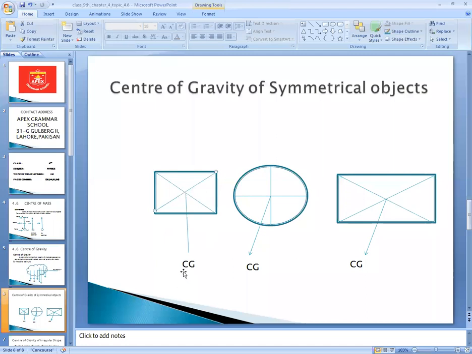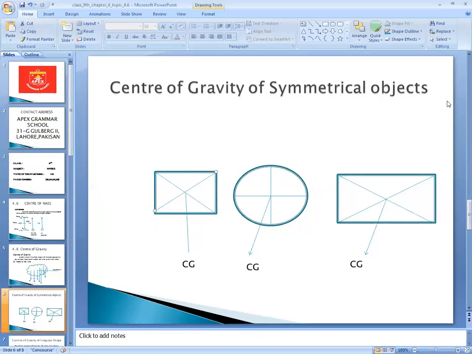Center of gravity is simply CG, or in your textbook it is simply denoted with the capital letter G. So you will find the letter G here in your textbook. It means where the two diagonals cut each other, the middle point, this point where my arrow is, will be G, or center of gravity.